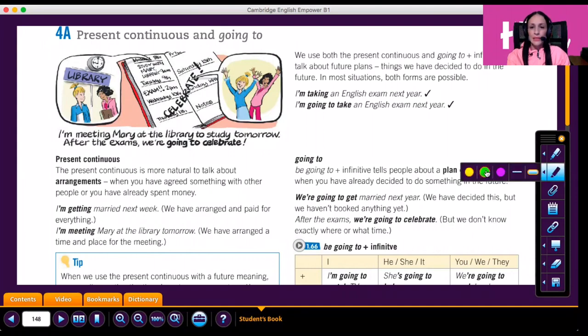So usually in the groups we read together. If it's a group class, I get each of them to read to each other out aloud, which is really good because that way you practice your pronunciation.